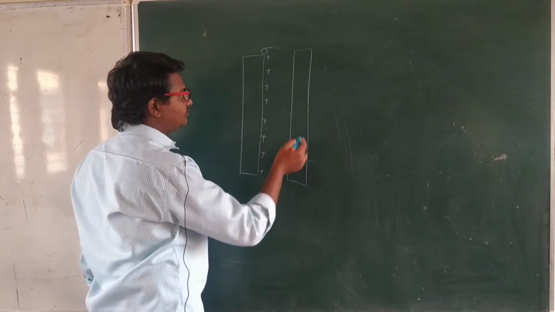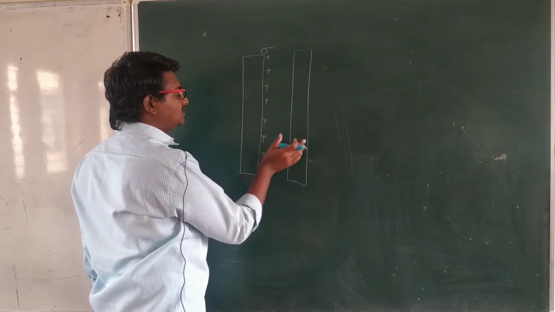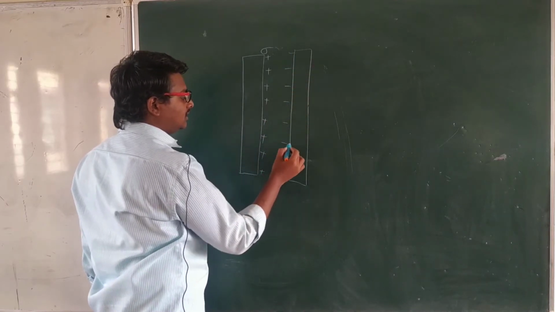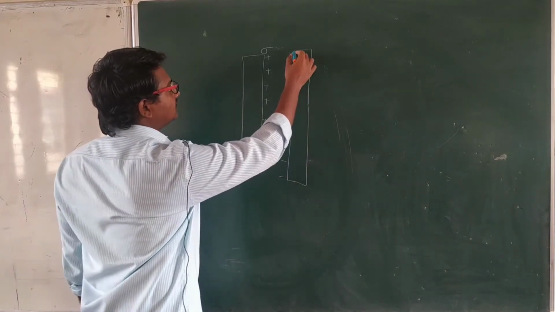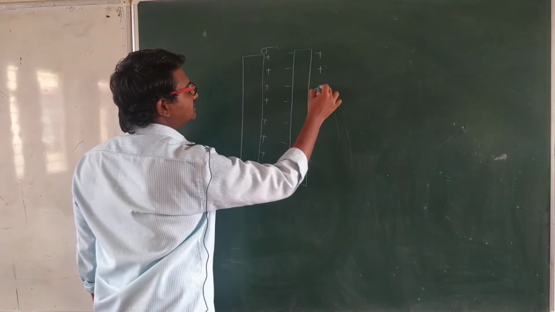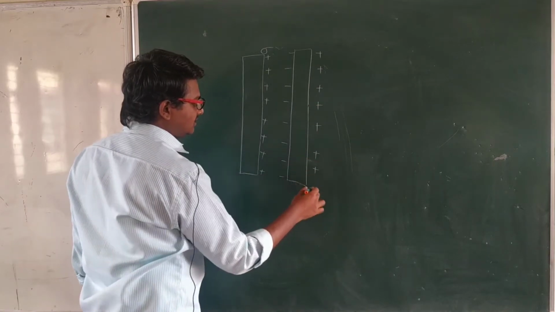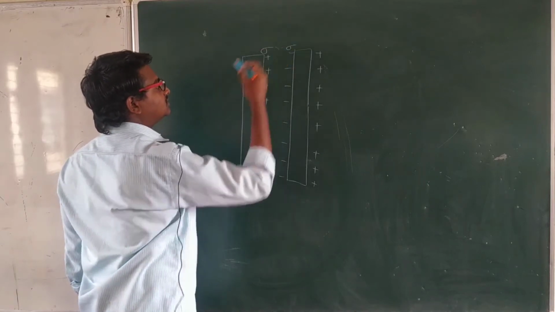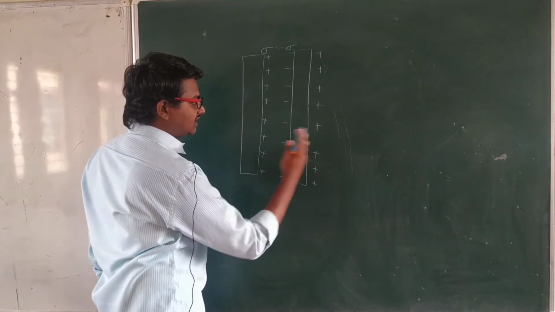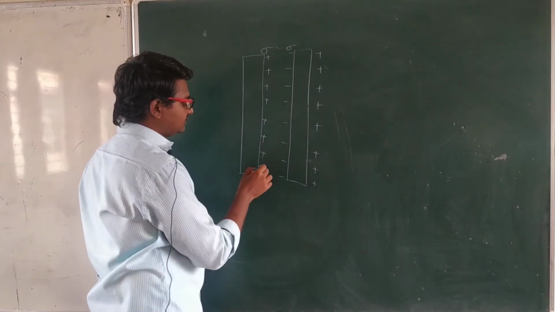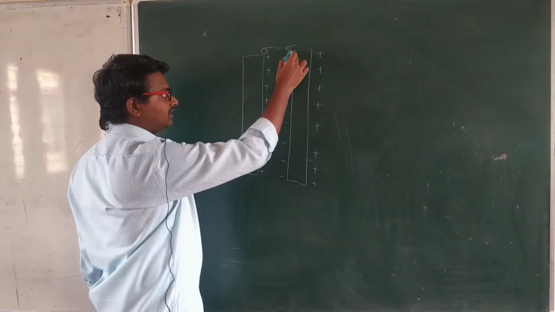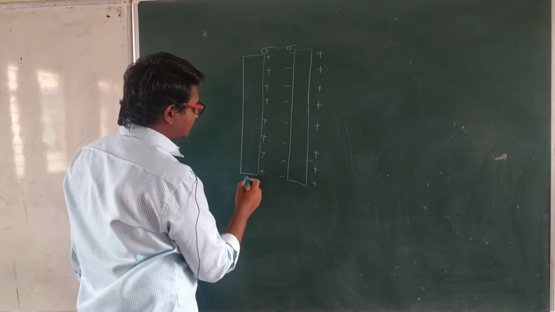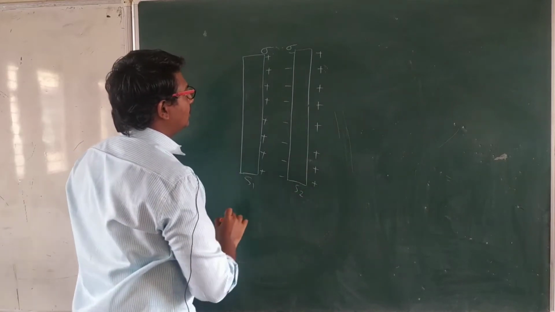We have not given any charge to it, but as we keep it near a charged body, this one also will exhibit some distribution of charges: one side negative charges and the other side positive charges. Because of these positive charges, negative charges get accumulated just opposite to this face on the second slab. Slab S1 and slab S2. Fine.